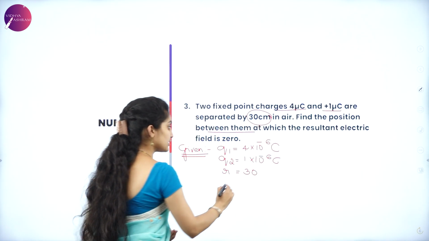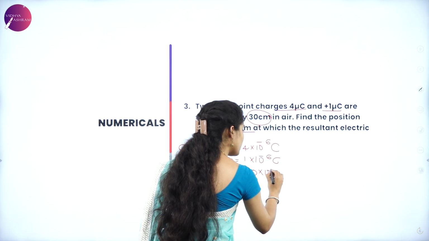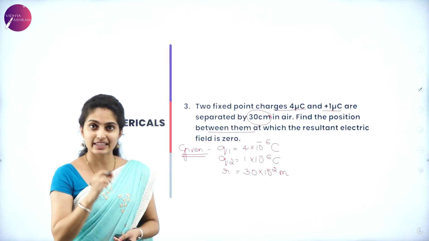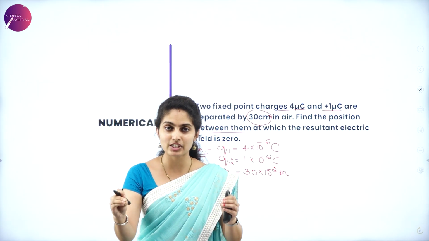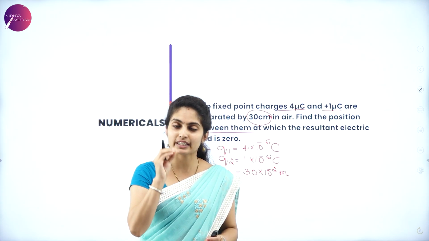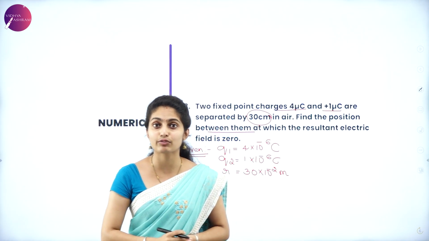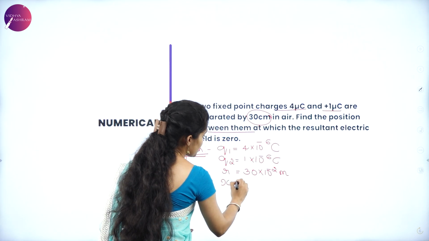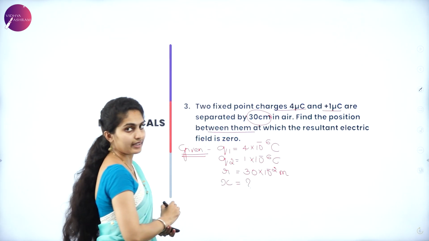When that is the case, it is 30 into 10 to the power of minus 2 meter. Find the position between them, that is the distance of separation. Midway, we have to find a point where exactly the electric field becomes 0. So, in order to find out the position, we don't know what is x, so calculate that x.